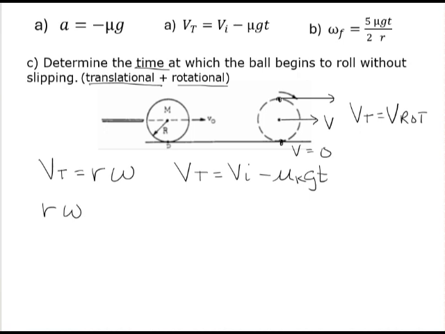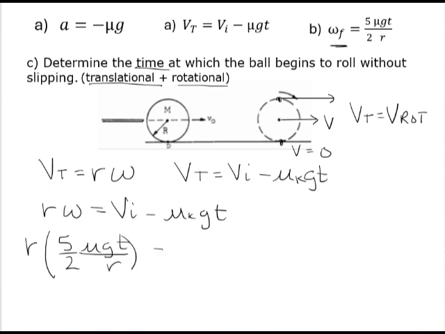R times the angular velocity is equal to the initial velocity minus mu gt, and we can plug in what we calculated for the angular velocity. So that gives us R times 5/2 mu gt over R is equal to v initial minus mu gt.